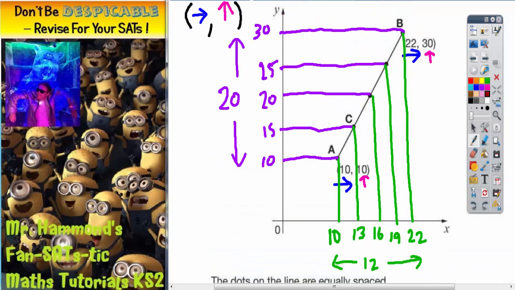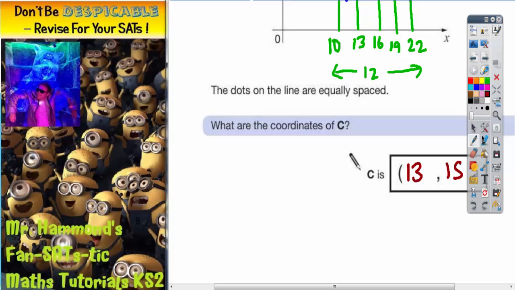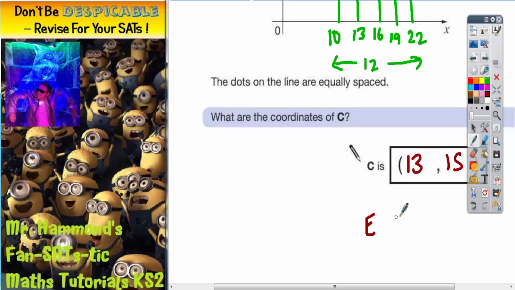But as you can see, what I've done would help you with any point. So just as an extra little bit to test you, say that that is point E, what would point E be? Do the same again. Along the bottom, along the corridor is 19, and up the stairs is 25. So point E would be 19, 25.